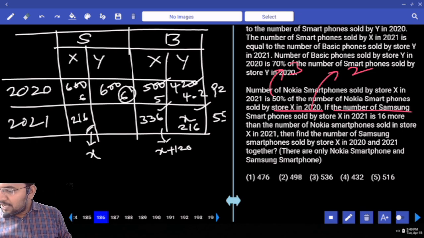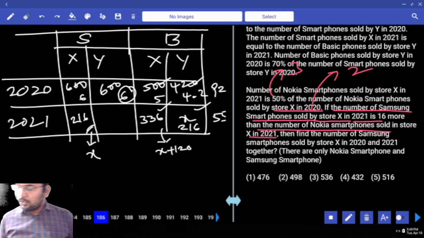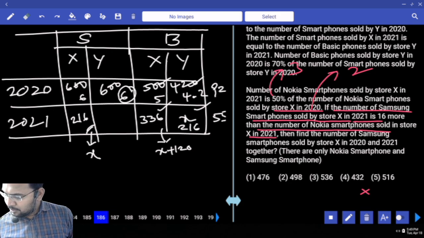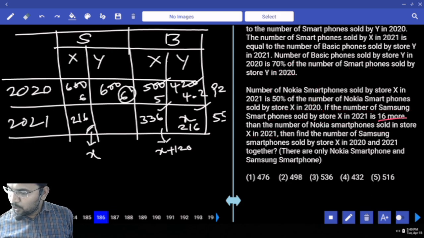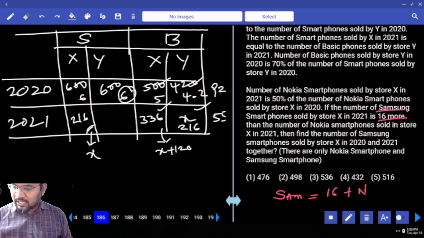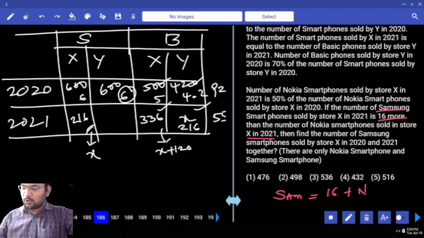Next, the number of Samsung smartphones sold by store X in 2021 is 16 more than the number of Nokia smartphones sold in store X. You can say confidently Samsung minus Nokia is equal to 16.